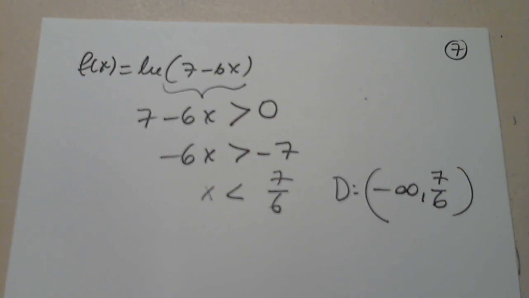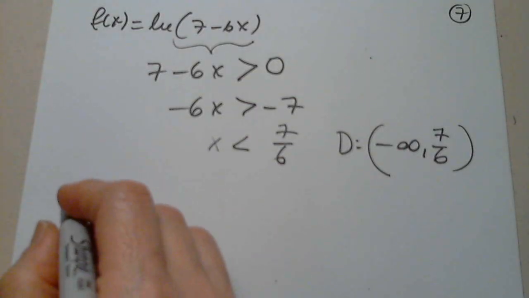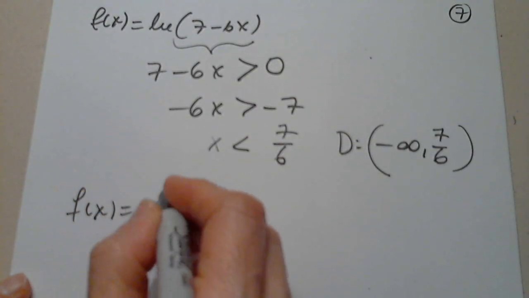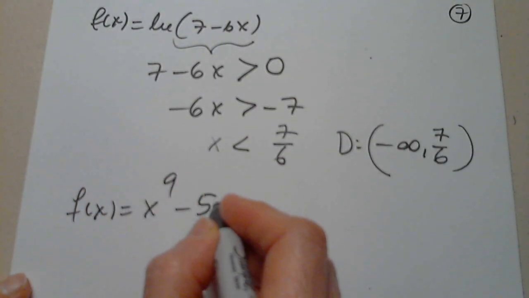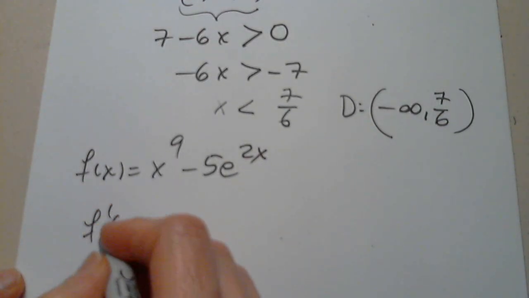Differentiate. Is that a yes? Is that a no? Sure, can we do this one? Of course. So here is f of x equals x to the 9th minus 5e to the 2x. So when we differentiate this, we get f prime.